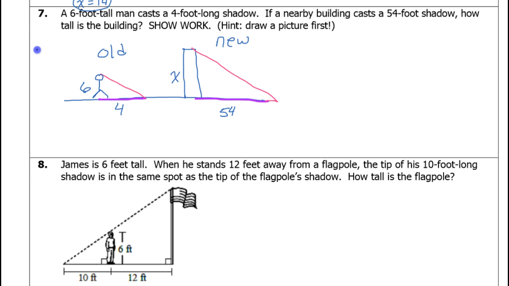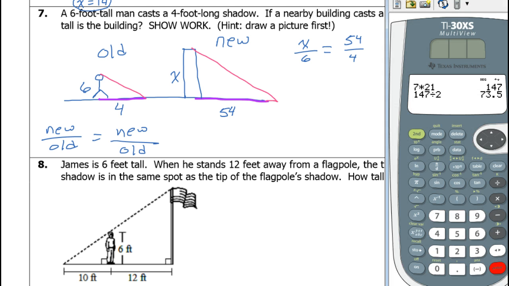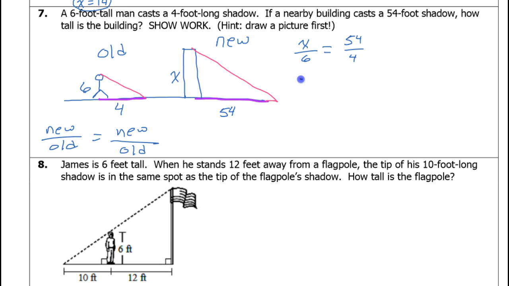We always make our proportions in the form new over old is equal to new over old. So looking at these corresponding sides, new over old gives me x over 6, and new over old gives me 54 over 4. I feel like reducing 54 over 4, which gives me 27 over 2. So I have x over 6 is equal to 27 over 2, and now I'll cross multiply.